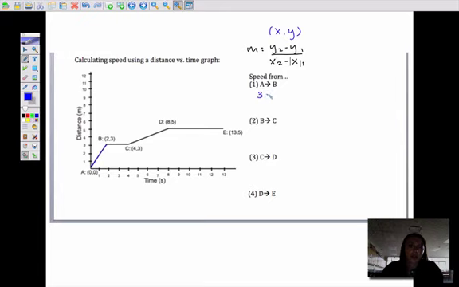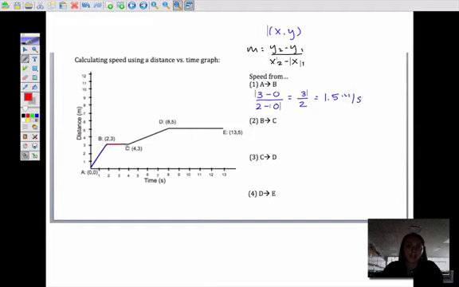It's going to be 3 minus 0, because that's my y coordinate down here, over 2, it's my second x coordinate, minus 0, because that's my first x coordinate. So 3 minus 0 over 2 minus 0 is 3 over 2. Let's put that into a decimal, so 1.5. But we're not done. Because it's a distance versus time graph, our slope is equal to our average velocity, which is meters per second.